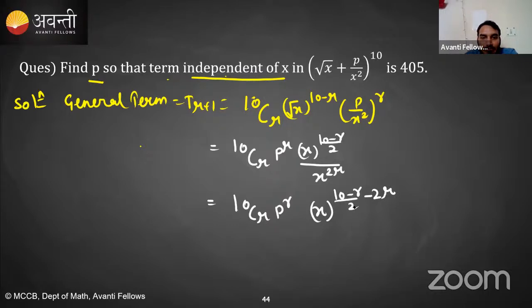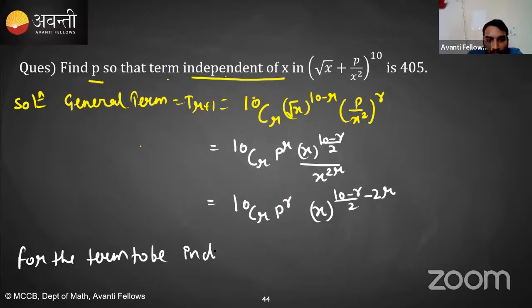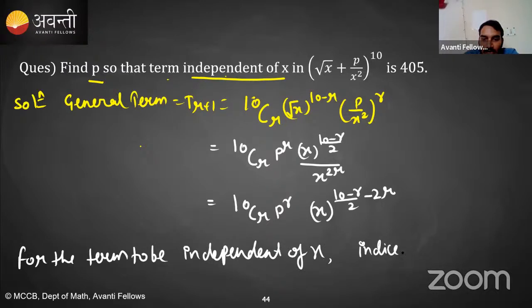Is that clear? Okay. So for the term to be independent of x, the exponent of x should be 0.